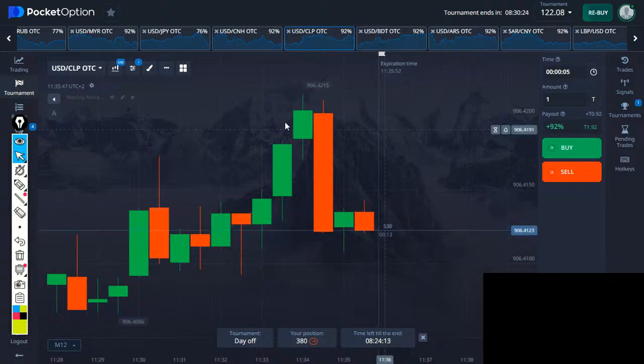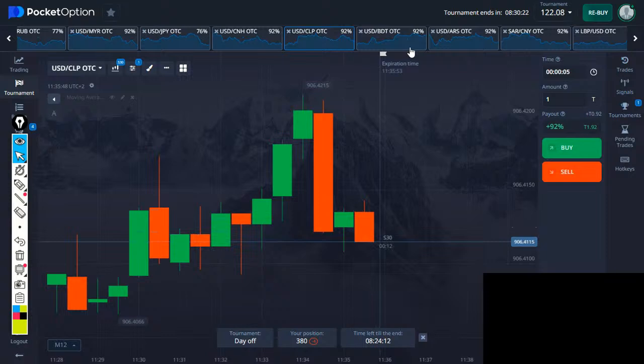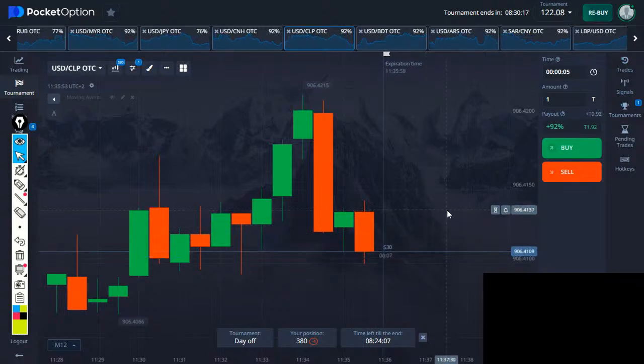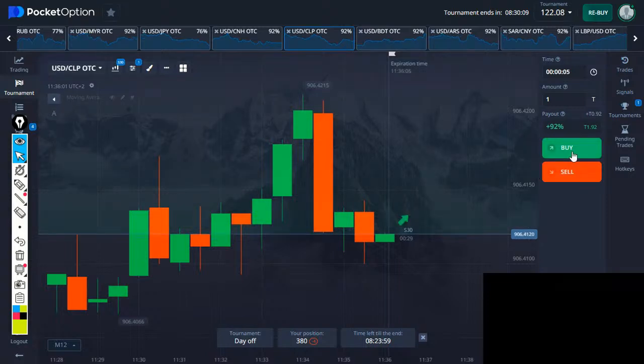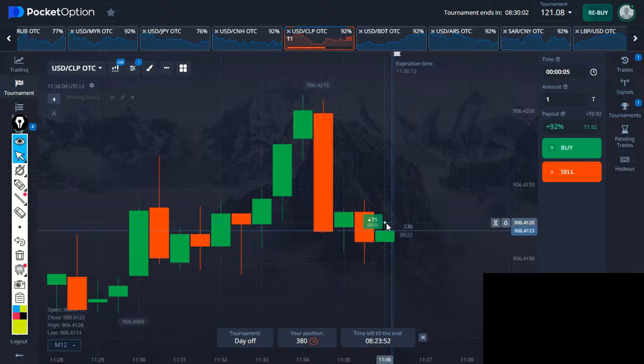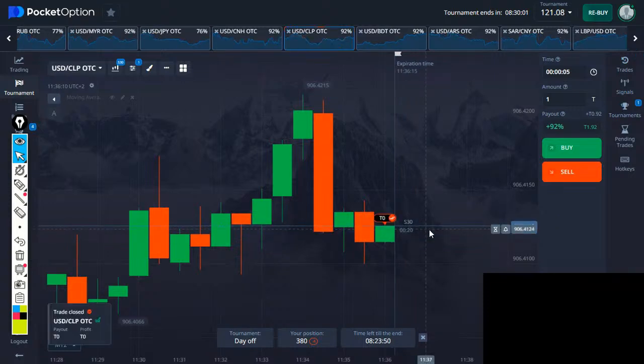I'll take one last trade on this pair and change the asset. Let's see, 5 seconds left. Okay, we have powerful green, green, 25, we go for a buy. Bad entry point a little bit, and we have a loss.